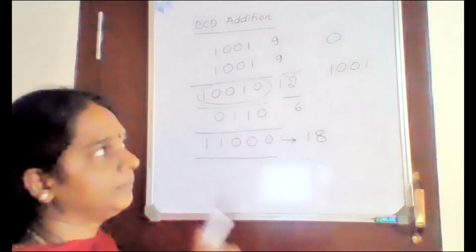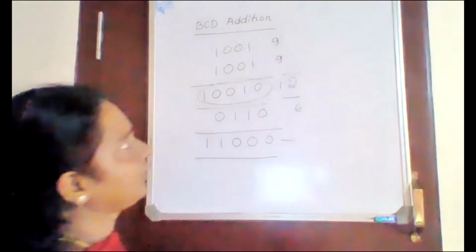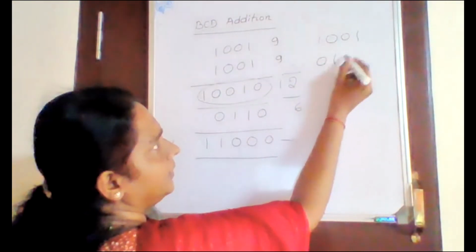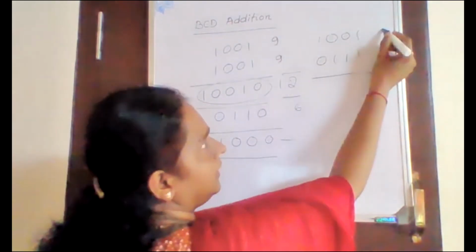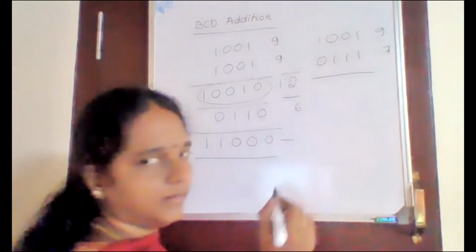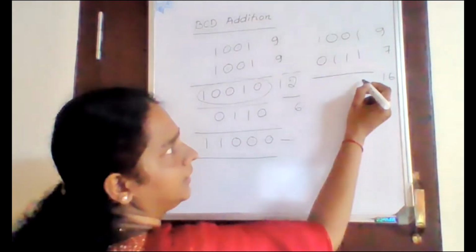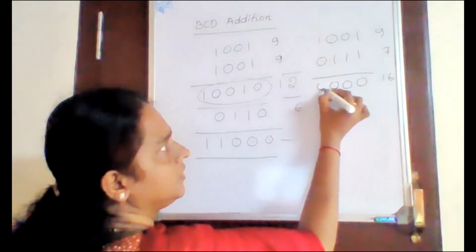Even in the previous example, we have taken 1001 added with 0111. So 9 is added with 7. The value is actually 16. If you add like this, this is 0, this is also 0, 0, 0 and 1.